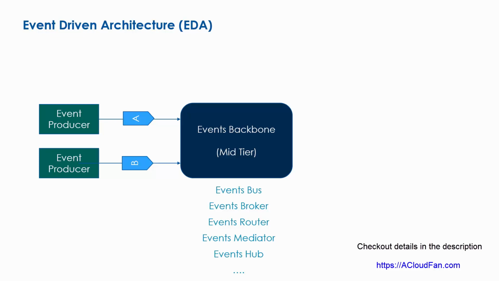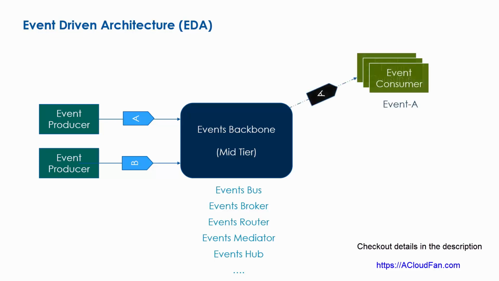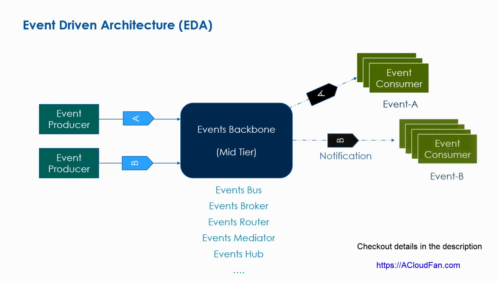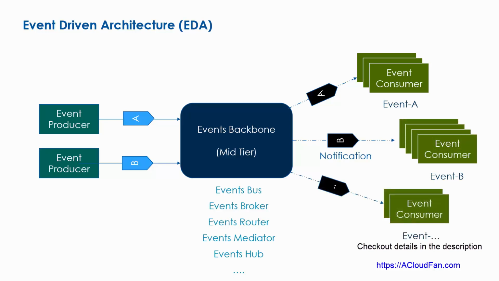So for example, the event A will be routed to the consumers who have subscribed for event A. Similarly, event B will be routed to the consumers who have subscribed for event B. And same thing happens for the other events. The important thing to keep in mind here from the event consumer perspective is that they are not polling for these events. They get notified.